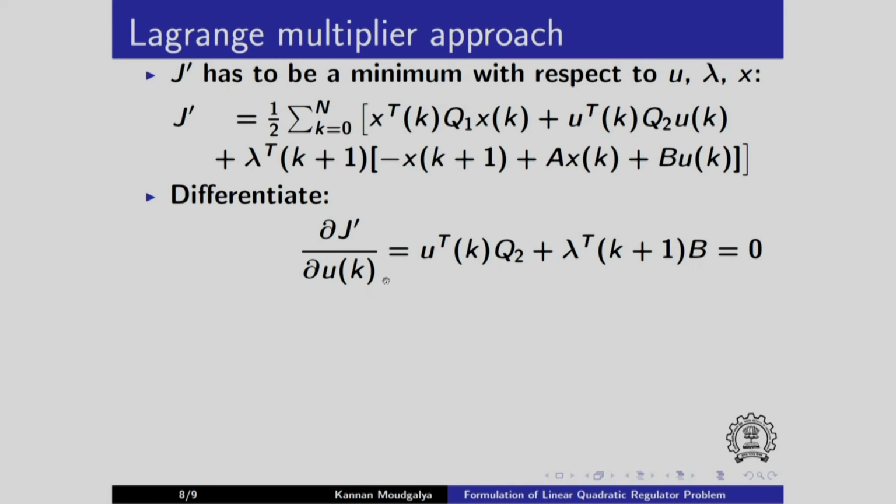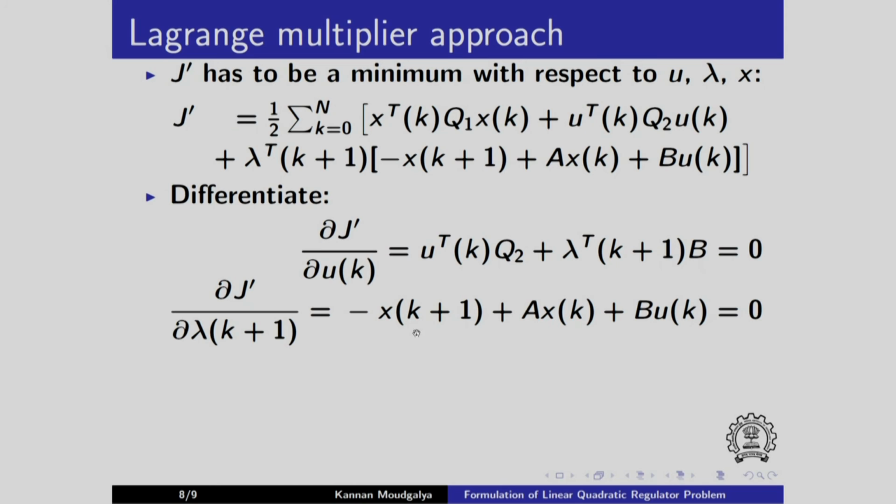This is the partial with respect to u. Next, let us take the partial with respect to lambda. We get this expression. Lambda appears only in the second line, so I get this, and this is to be equal to 0.